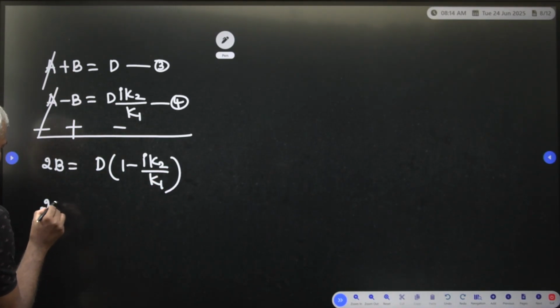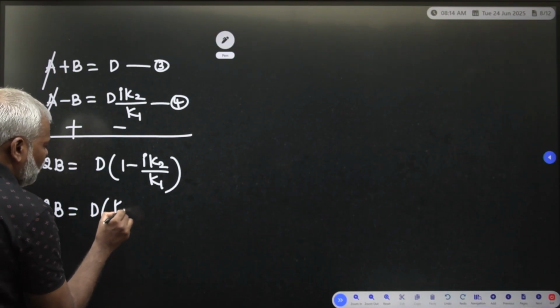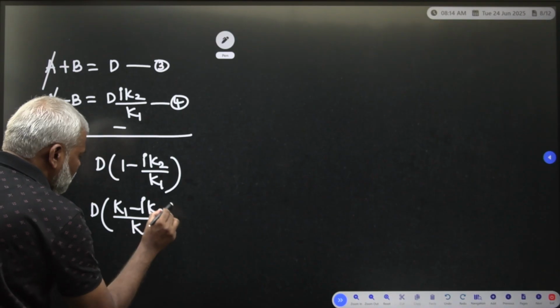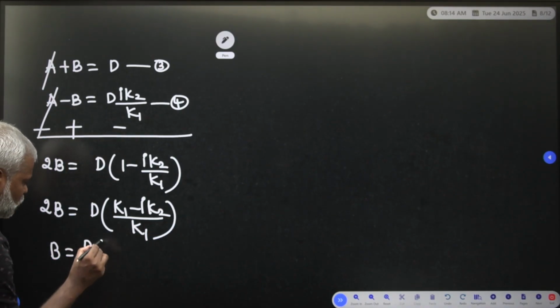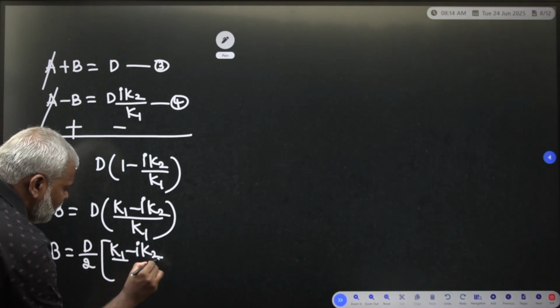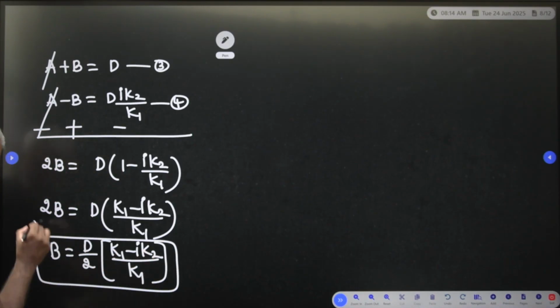So 2B is equal to D into (K1 minus iK2) divided by K1, therefore B is equal to D by 2 into (K1 minus iK2) divided by K1. This is the B value you are going to get.